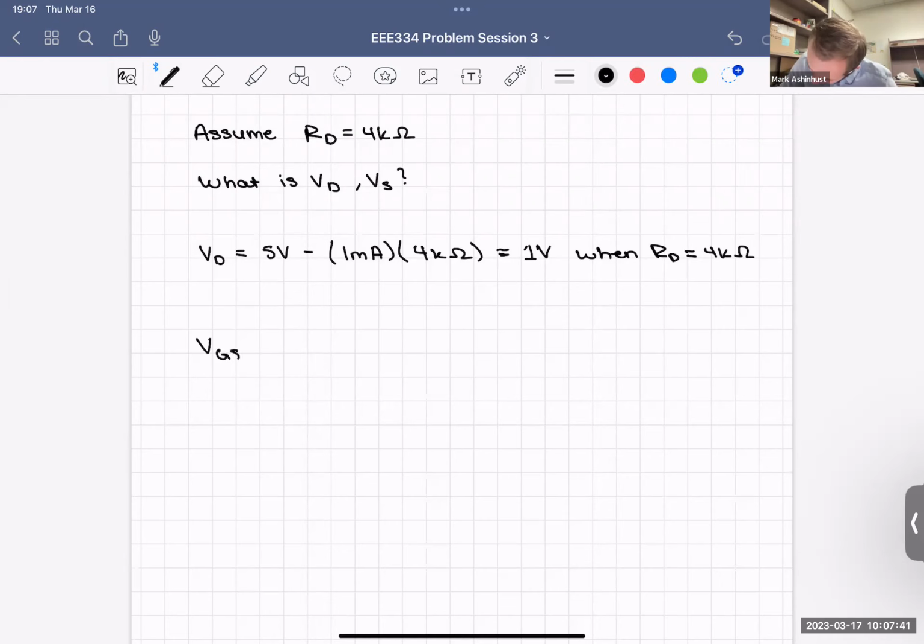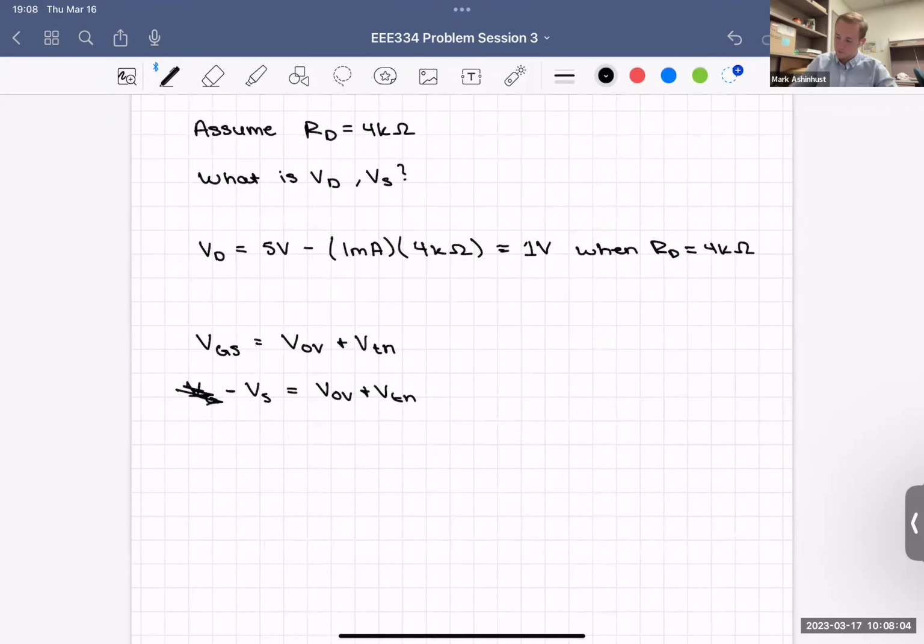We have VGS is equal to VOV plus VTN. We know VG minus V source equal to VOV plus VTN.